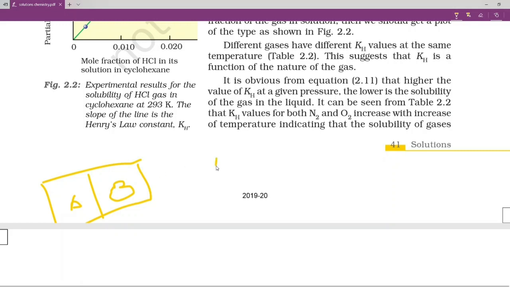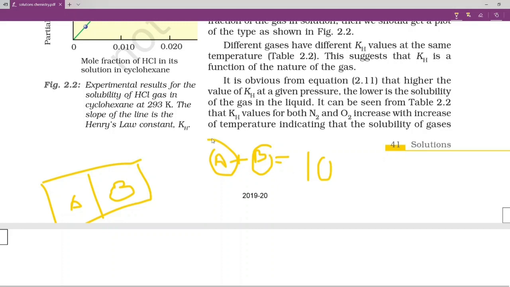If A plus B together give a total pressure equal to 10, then what is the single contribution of A in this 10? What is the single contribution of B in 10?